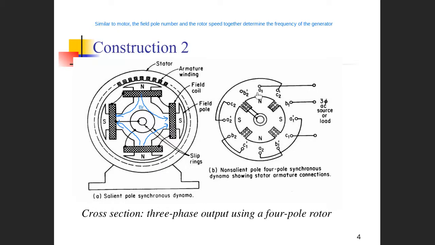For example, here the A1 outputs, B1 outputs, C1 outputs. This is a star connection. So for the A coil, suppose A1 is the starting point and A2 is the end point.